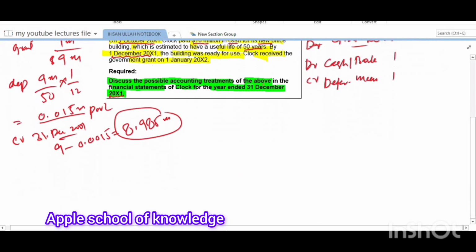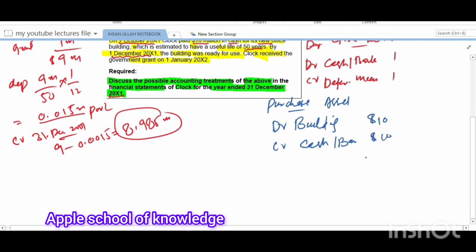Now you have purchased the asset, and for purchasing the asset, debit will be the office building, and the credit will be your cash or bank, with the amount of 10 million.